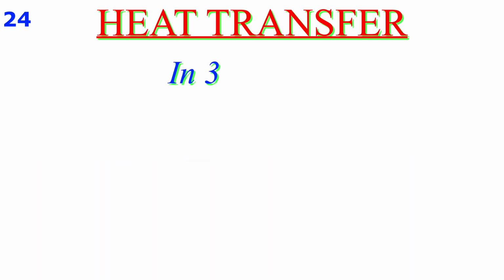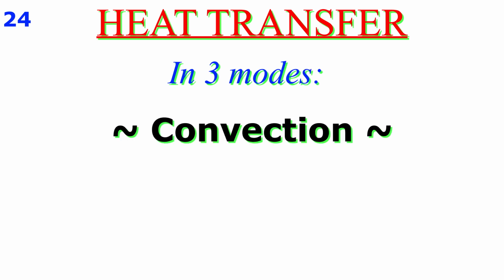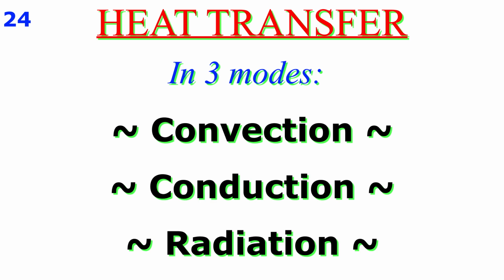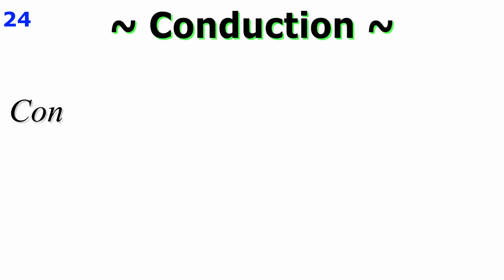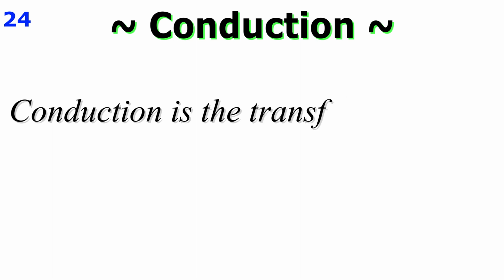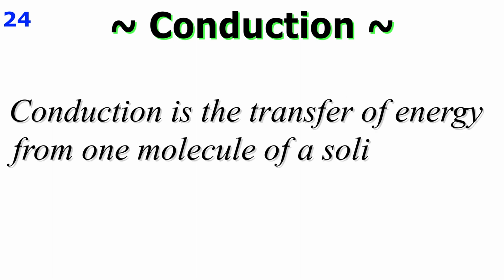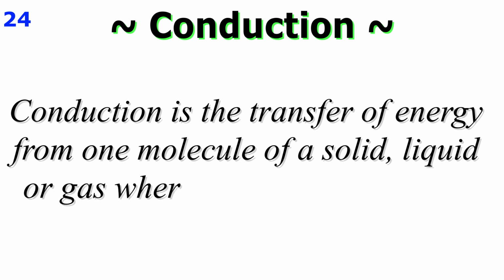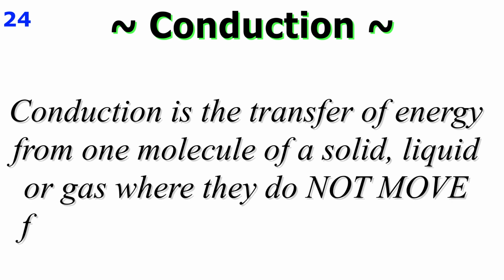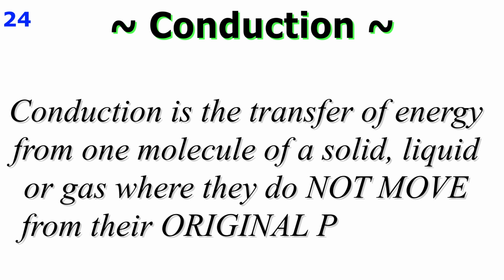Friend, heat moves from one location to another in three ways: the convection, which is our topic today, and conduction and radiation. In short, conduction transfers heat energy from one particle to another particle, but here each particle of the medium remains in its position.